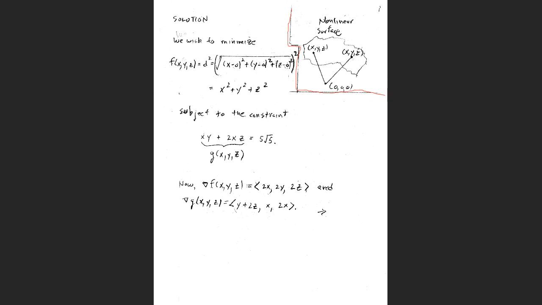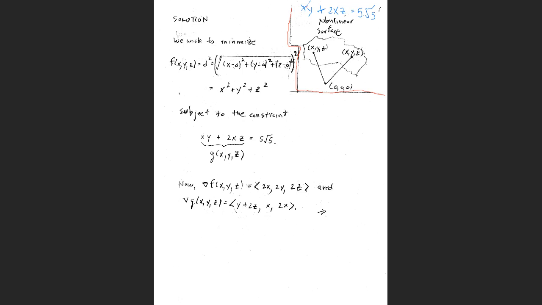The nonlinear surface, incidentally, you wrote it down, is x times y plus 2xz equals 5 root 5. x times y plus 2xz equals 5 root 5.